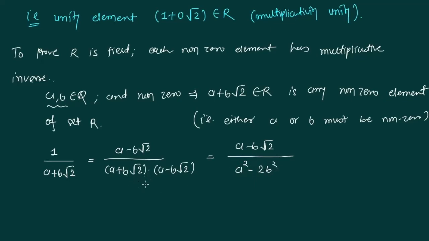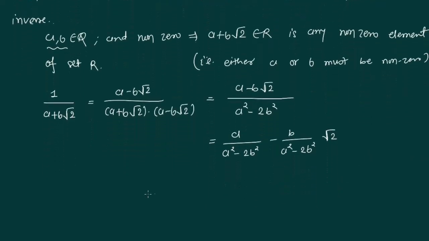Simplifying, this is equal to a upon a square minus 2b square minus b upon a square minus 2b square root 2. Now a and b are rational numbers, so maybe we can have a square equal to 2b square.